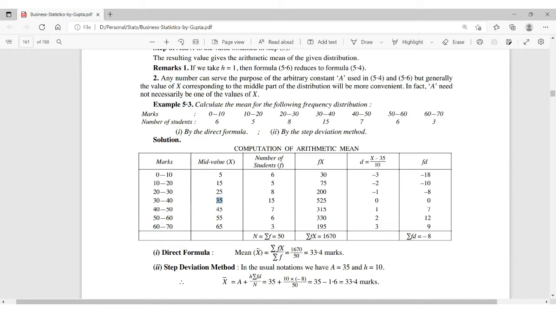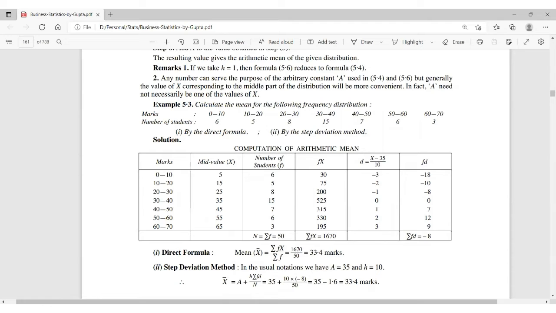But ideally we use the centrally located number in this series, that is 35. So we take A as 35. Sir, here 35 is the midpoint, but when there are 6 numbers? No problem, try it and see, the answer is the same. Note this question and try it.